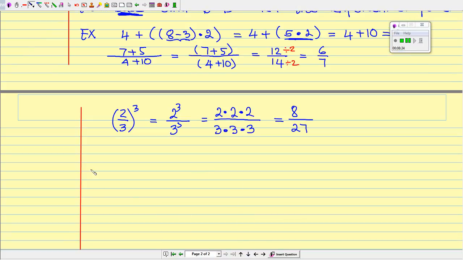Let's do one more example. If we are given this fraction, 4 plus 6 to the power 2, divided by 2 times 3 plus 2. So again, since we have a fraction, I'm going to have to insert parentheses for my numerator, 4 plus 6 to the power 2, and to my denominator.